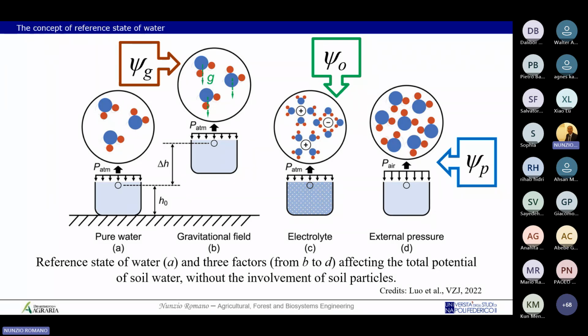Keep in mind, for example, that we also have an increase in pressure potential when you have an amount of water that flows over the soil surface, for example during runoff or flooding that produce a certain amount of water on the soil surface. So there is an increase of the external pressure that acts on the water in the bowls.